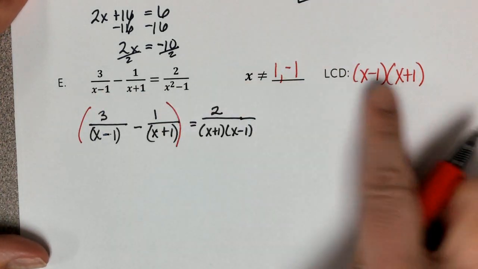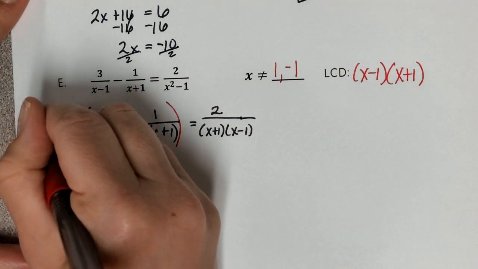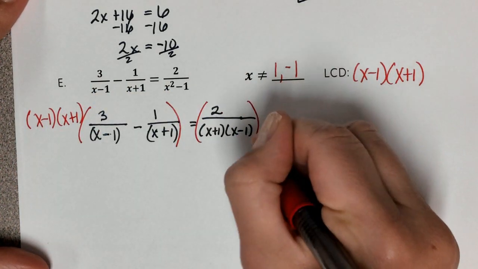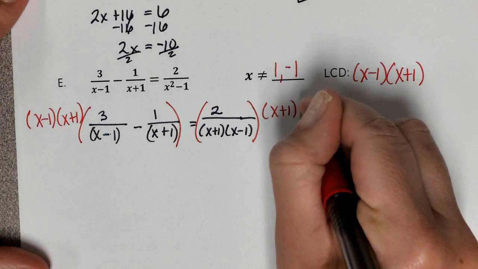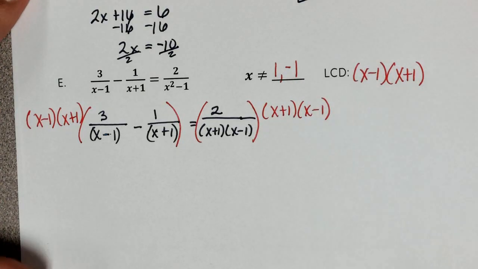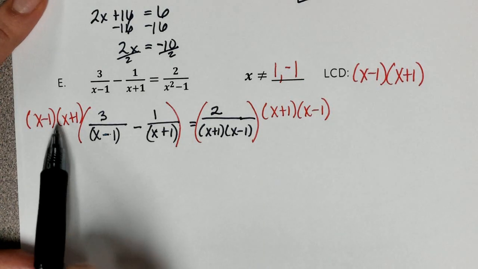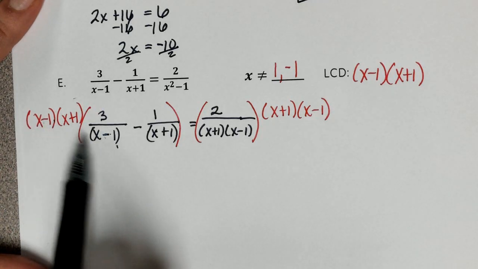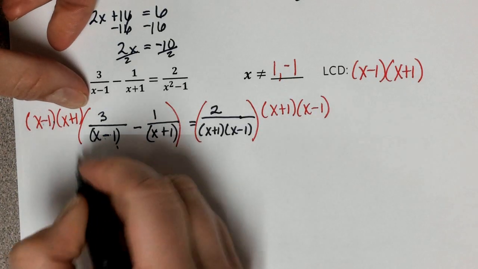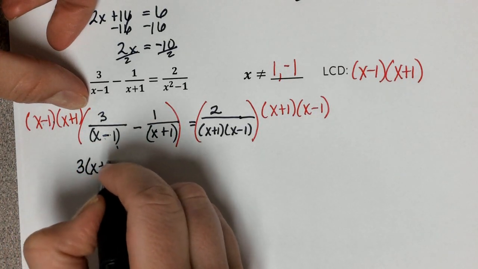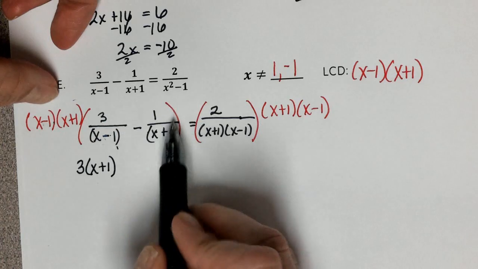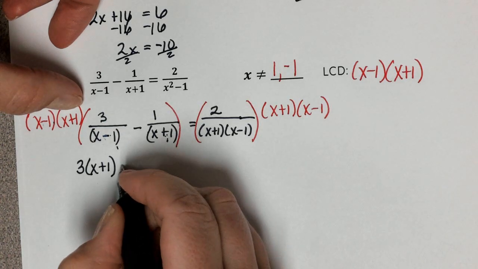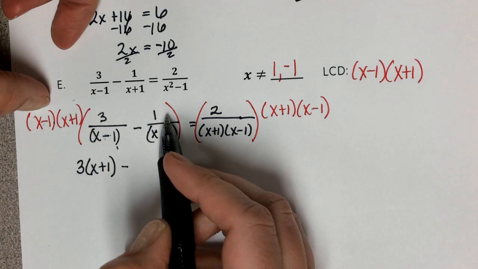Now we multiply by the LCD. Distribute to the first fraction on the left. The x minus 1's cancel out, leaving me with 3 times x plus 1. Distribute to the second fraction. The x plus 1's cancel out, leaving me with x minus 1 times negative 1.